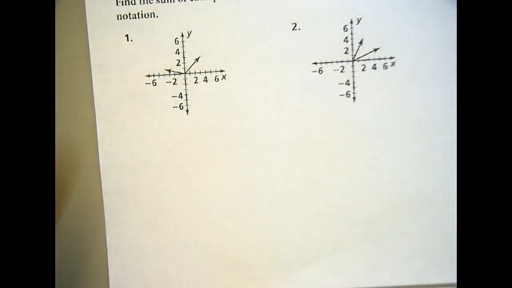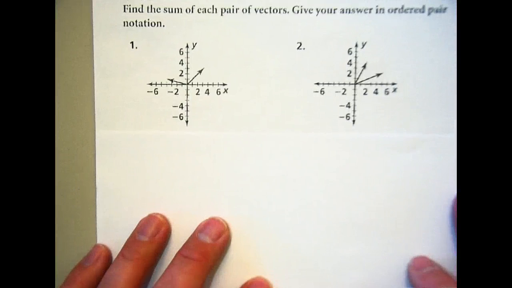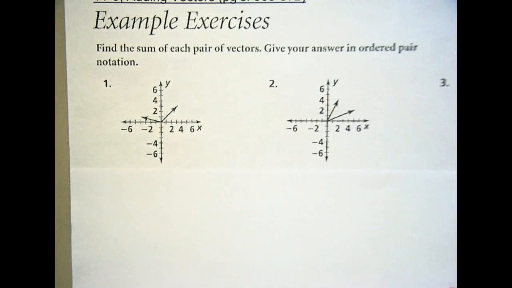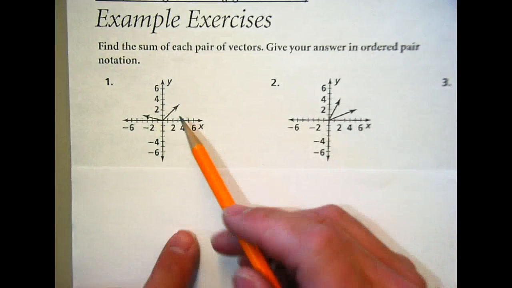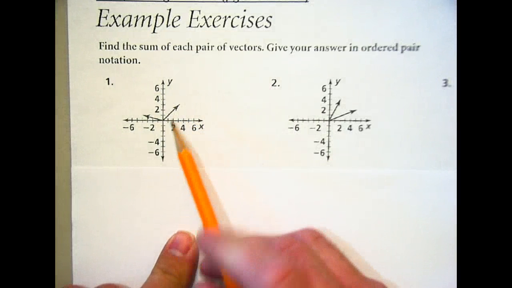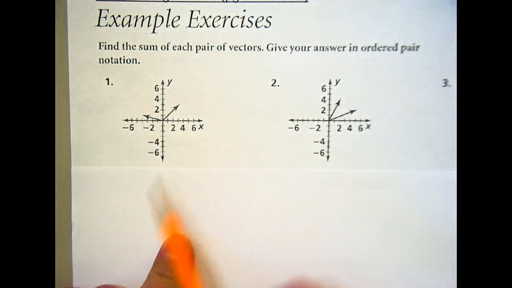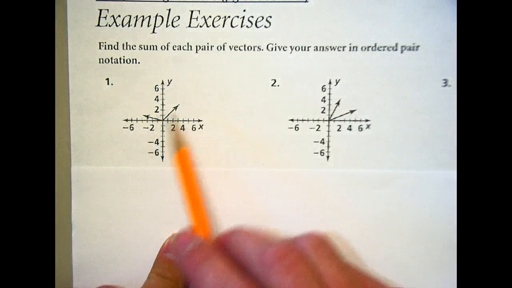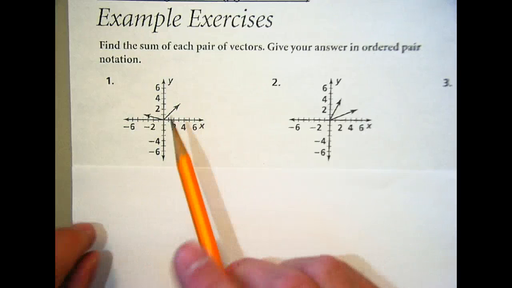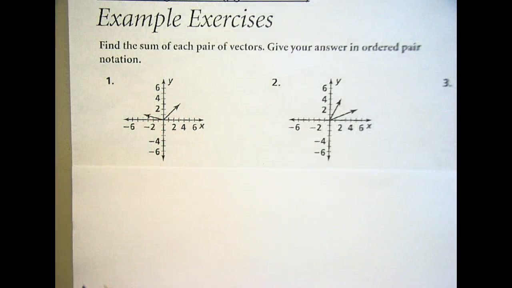Give your answer in ordered pair notation. Do your best right now on problem one, based on what we just talked about with the resultant and how you attach these vectors together. Find the coordinates of the sum. Attach them, put them together, and find out where they end.